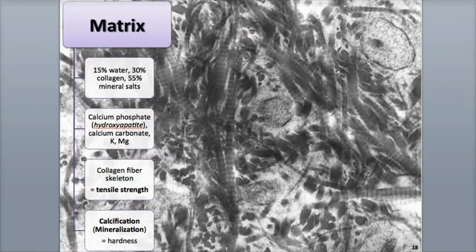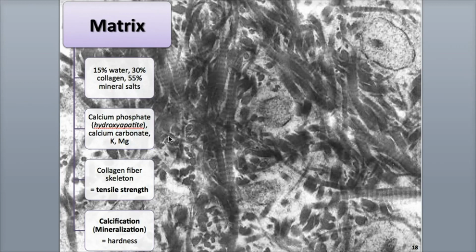Bone tissue is a type of connective tissue, and like all connective tissues, it contains extracellular matrix, which is a substance that surrounds and separates the various cells that make up the bone tissue. The composition of the matrix is 15% water, 30% collagen protein fibers, and 55% crystallized mineral salts, such as calcium phosphate.